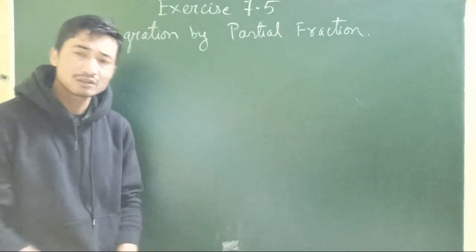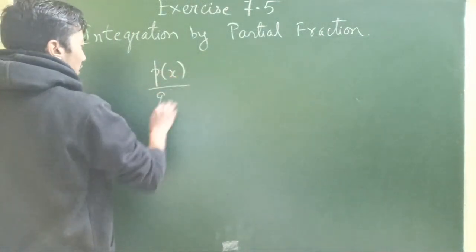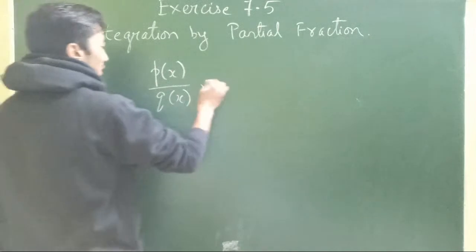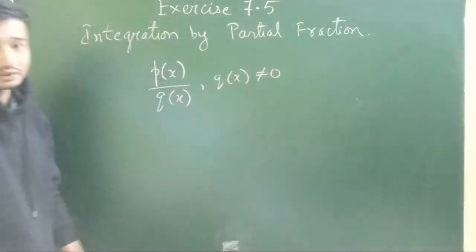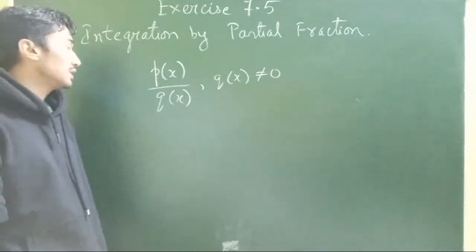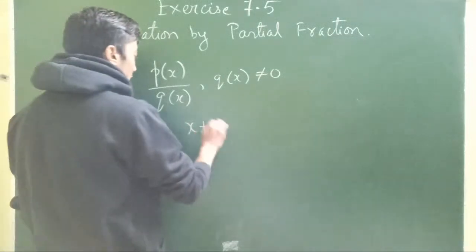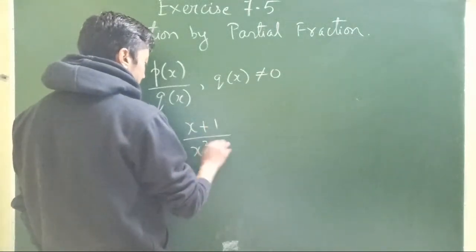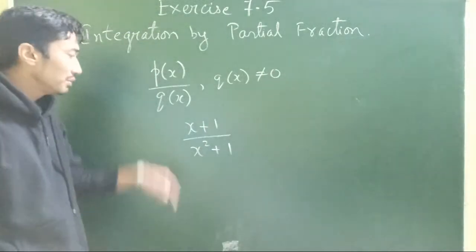By the way, what are rational functions? Any functions which are of the form p(x) by q(x). Of course, the condition is q(x) should not be 0, because if it's 0, it becomes undefined. For example, x plus 1 divided by x squared plus 1, functions like this where it's of the form p by q.